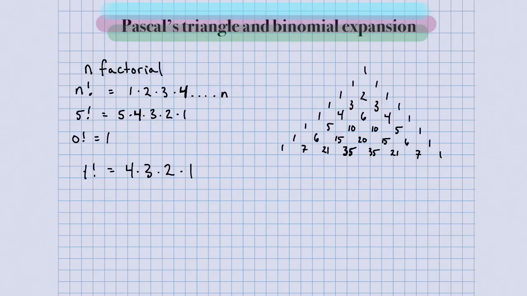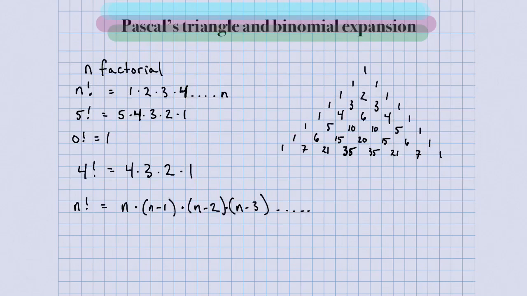So, if I have 4 factorial, it's just going to be 4 times 3 times 2 times 1. Okay, another way to write that is n factorial equals n times n minus 1 times n minus 2 times n minus 3, dot, dot, dot, and it just keeps going in the same similar pattern.